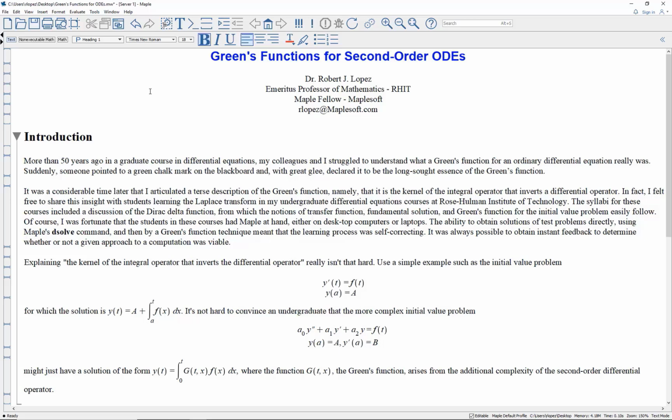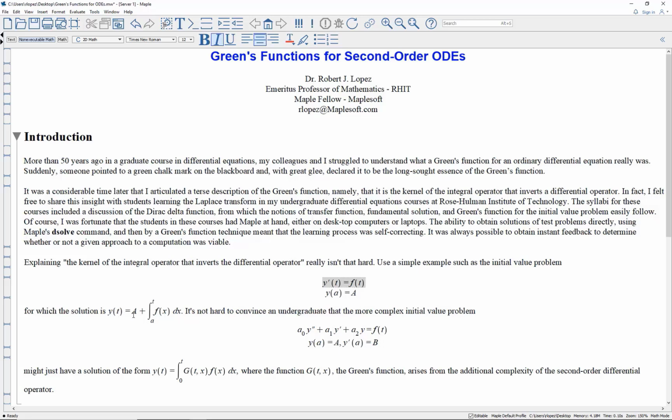Well, it took a while in my career for me to articulate what a Green's function is. And it's right here: the kernel of an integral operator that inverts a differential operator. And it's not that hard to see if you look at it correctly. You have a simple ordinary differential equation, y prime equals f.